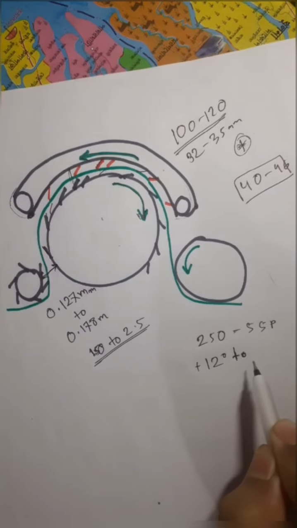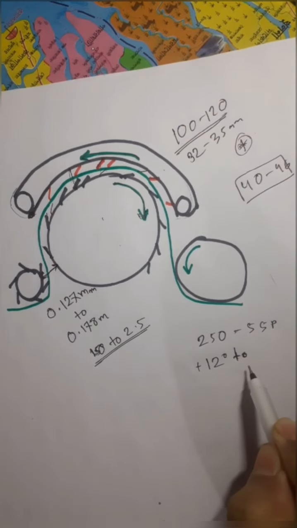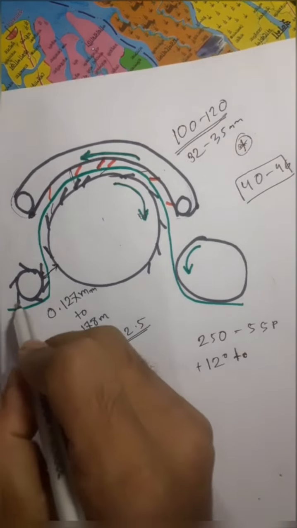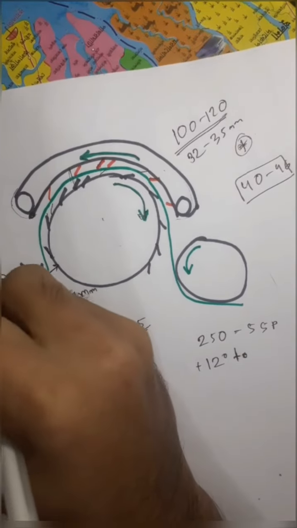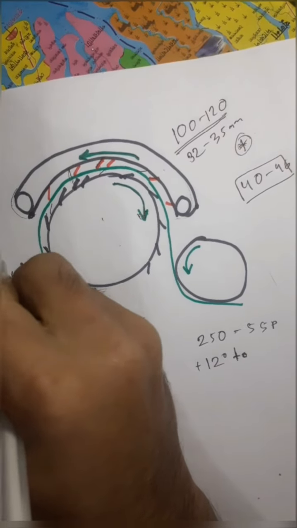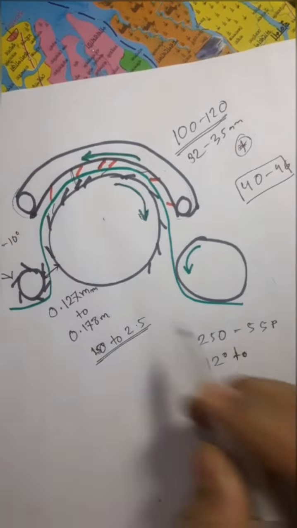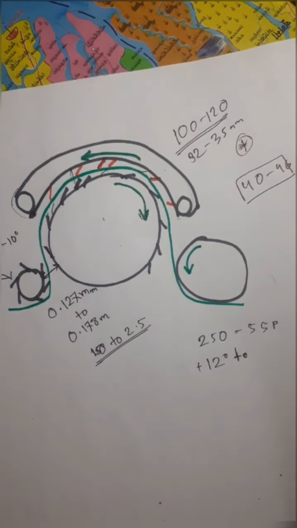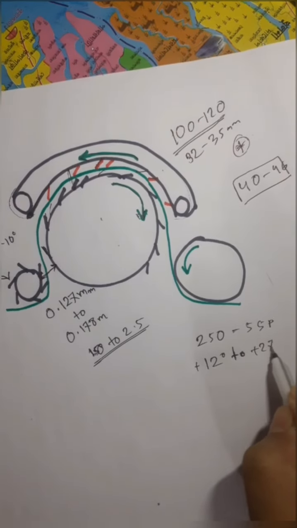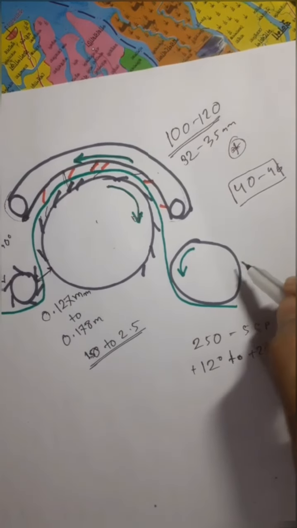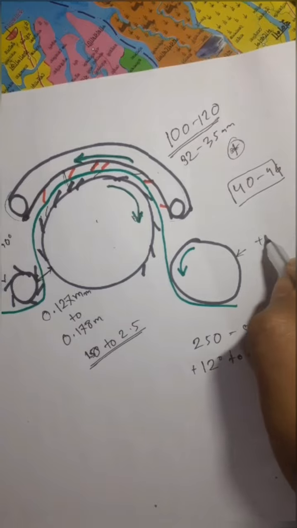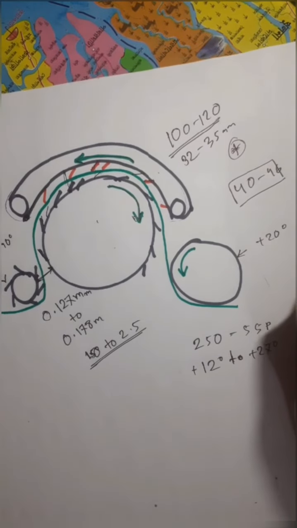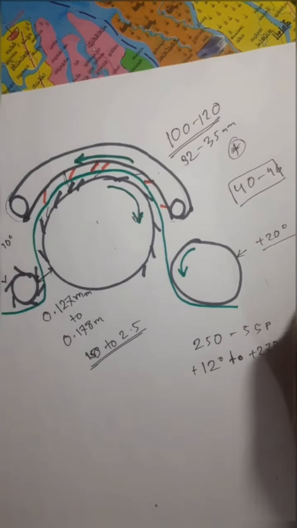Actually in terms of wire angle it can be plus and minus; only minus is in Licker-in. The wire angle of Licker-in is plus 5 degree to minus 10 degree, and the wire angle of cylinder is plus 12 degree to plus 27 degree, and the wire angle of doffer is plus 20 to plus 40 degree.